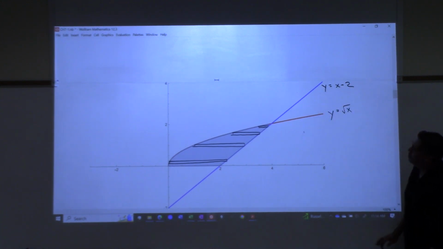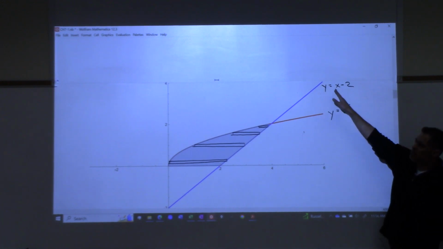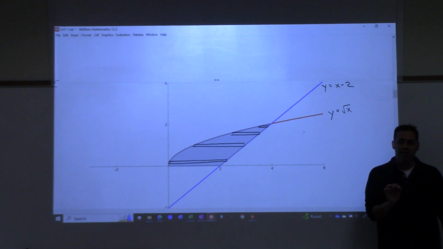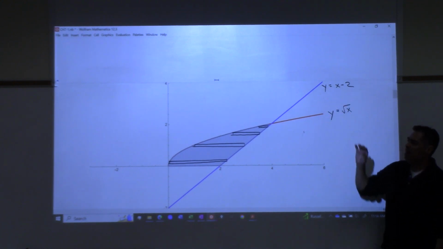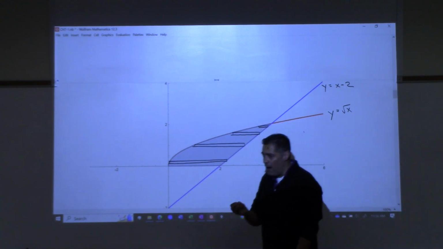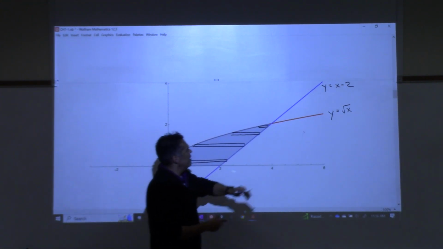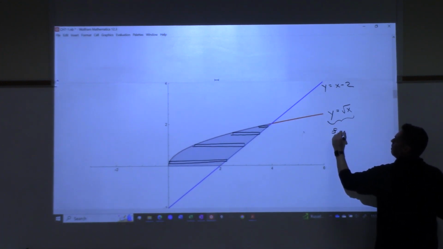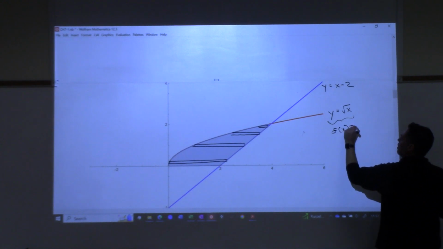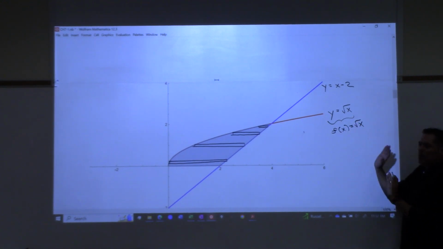Those were the two equations, right? Notice that both of these equations are solved for y. You get y equals this, y equals that. Whenever you have an equation solved for y, then the other side is actually your function of x. You could, if we wanted to, rewrite this as f of x equals x squared. Okay, we don't want that though.